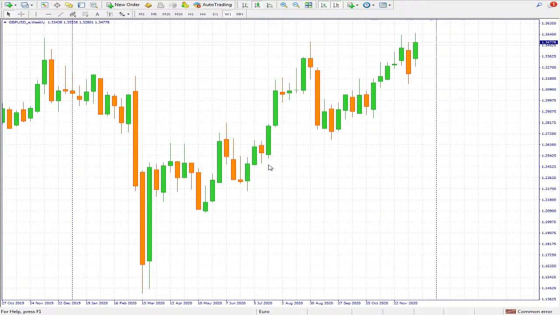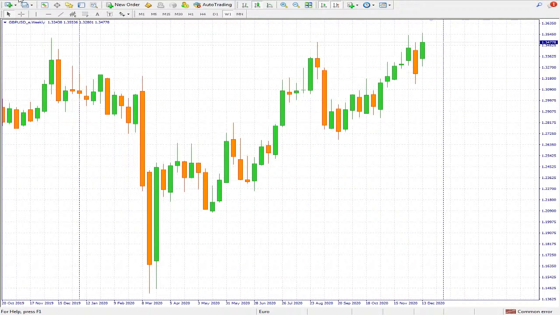Just a second. Give me a second. Let me set up my chart correctly. Okay, so I'm actually trying to fix the connection here.